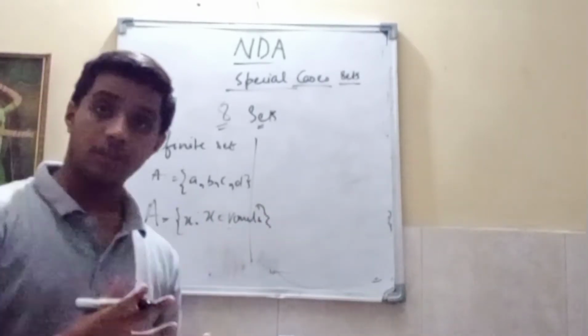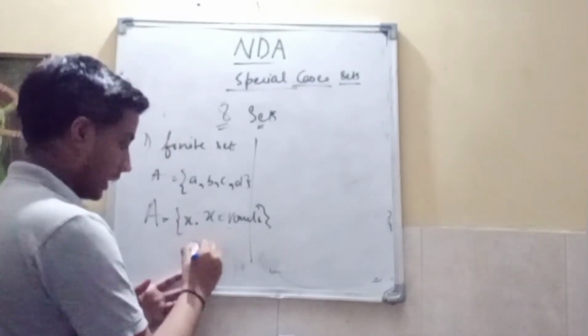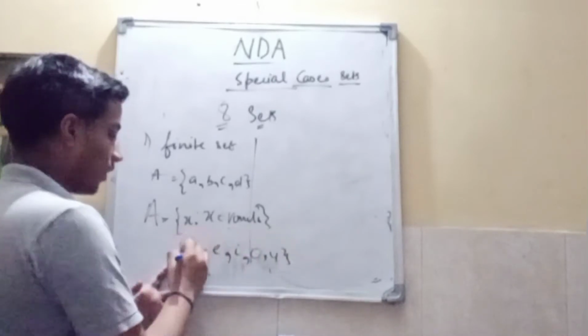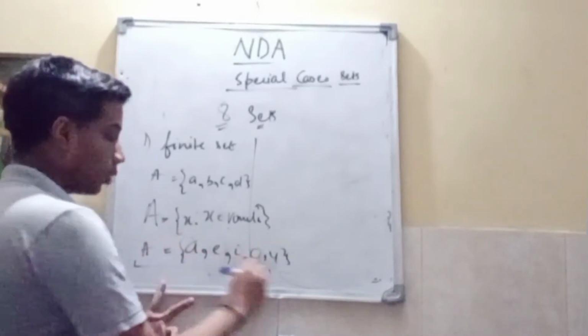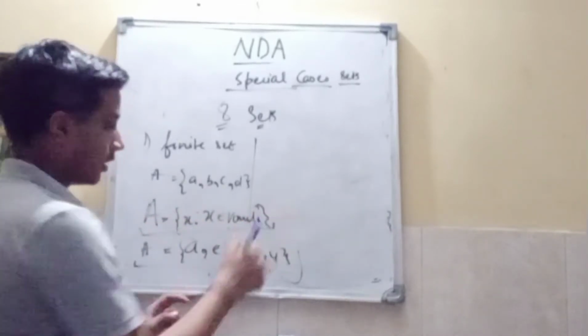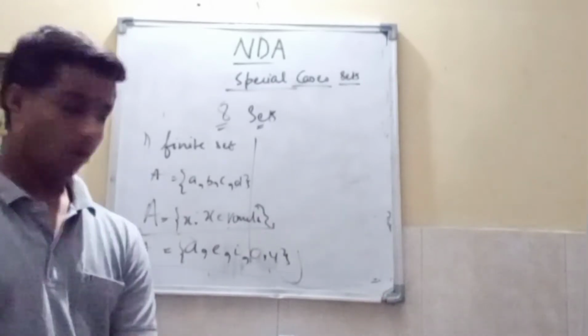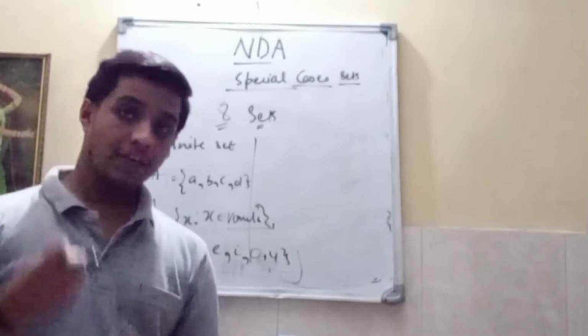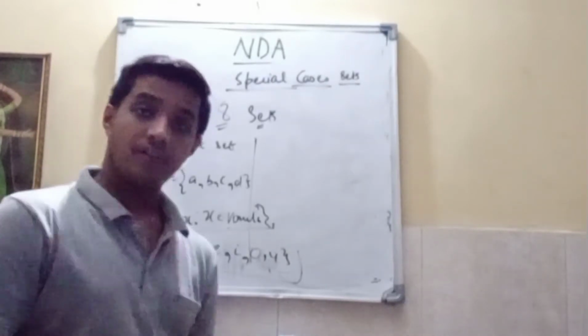You know what vowels are? Vowels are a, e, i, o, u. They are finite. This is the roster form and this is the set builder form. From the example, I believe you have got clarity. If any doubts, put them in the comment section. I will answer you.